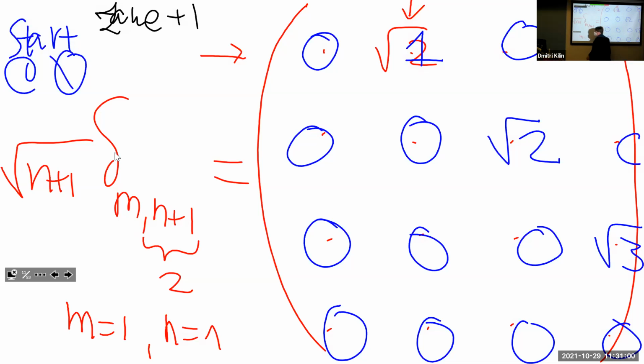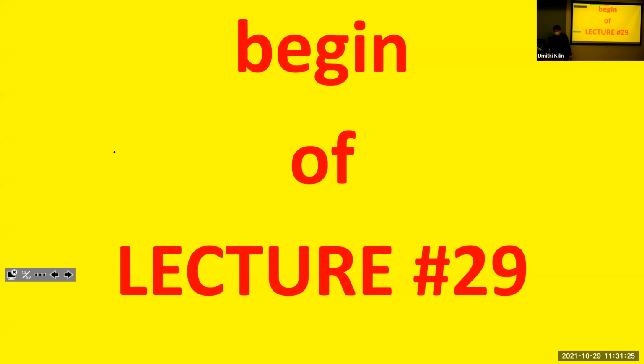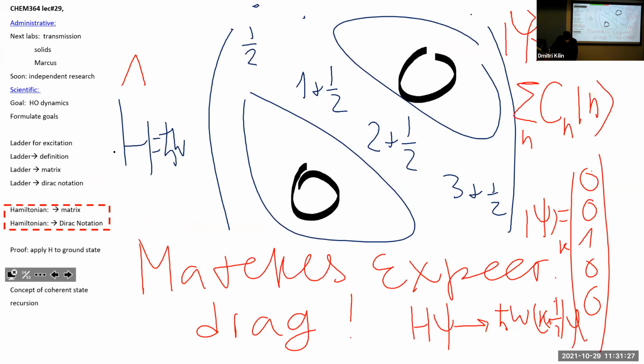If you select m equals 3, then in order for this Kronecker delta to be non-zero, n plus 1 should equal 3, so n will be equal to 2. So third column, second row. Okay, and we are 60% done.